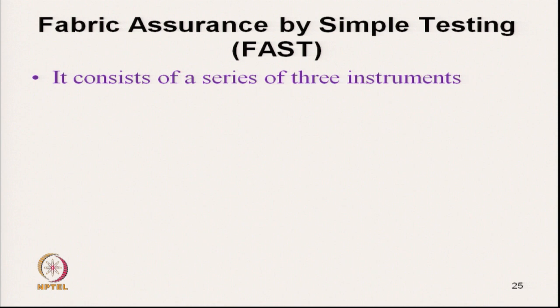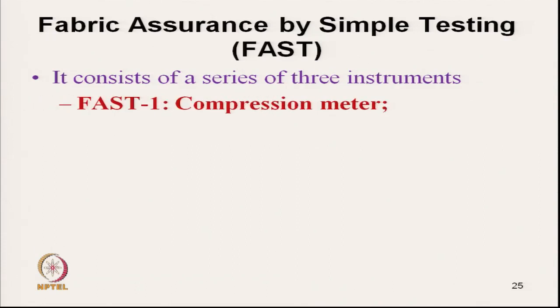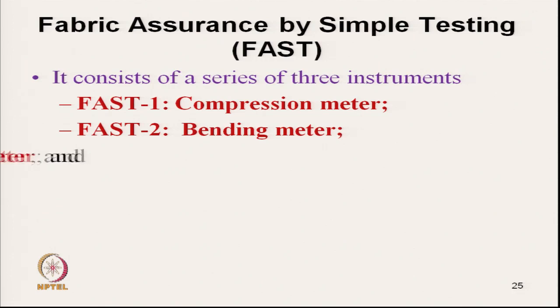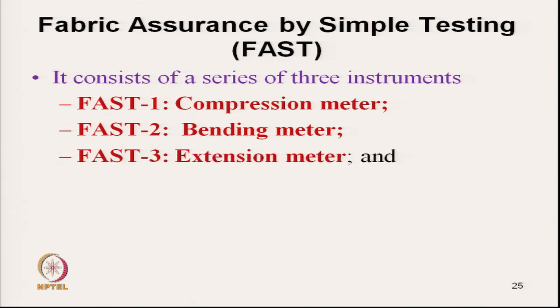The FAST method consists of a series of 3 instruments and one test method. The first one, which measures the compression, is called FAST 1, the compression meter. FAST 2 measures the bending characteristics, the bending meter, which is similar to the Shirley stiffness tester, and FAST 3 is an extension meter.